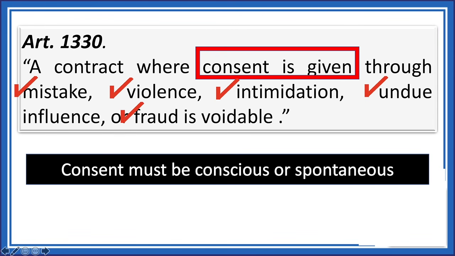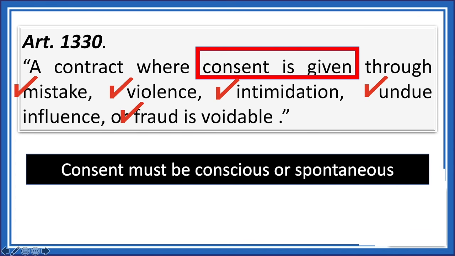And to repeat, para mas tumatak sa isipan, voidable contract is binding and valid naman, unless annulled. Paano ba siya ma-annulled? Through proper action in court din naman. So, valid until annulled.